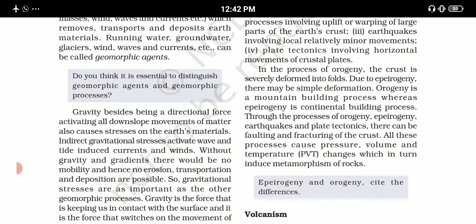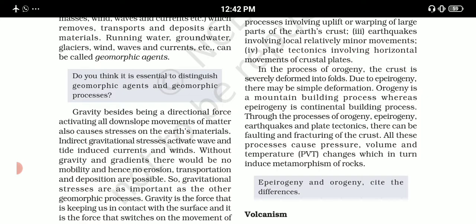Now the mountain building processes, orogeny, epeirogeny, earthquake, plate tectonics, create pressure, volume and temperature, that is PVT, changes, which in turn induce metamorphism of the rocks.